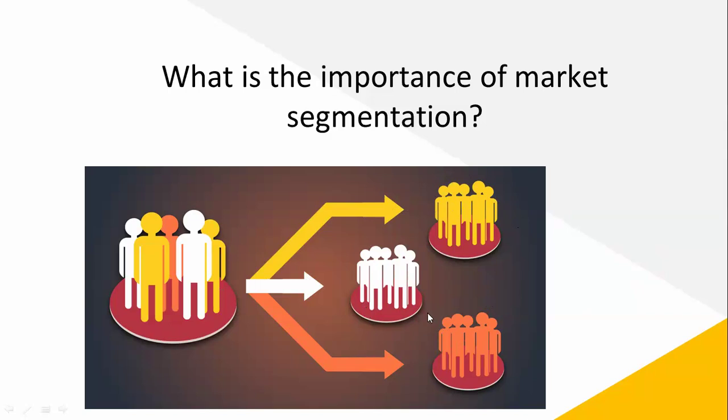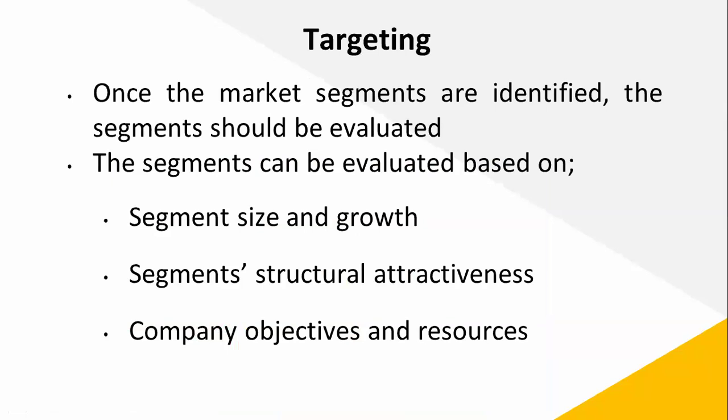Then what you are doing is you are selecting the most suitable market segment for your product, right? So you will select whether your product is suitable for this white color group or yellow color or the red color group, right? So then you select the most suitable market segment for your product. This is what we call targeting. Okay, this is what we call targeting, right?